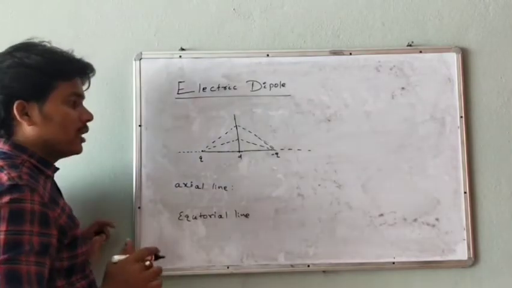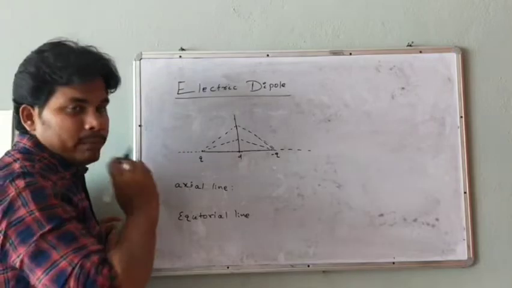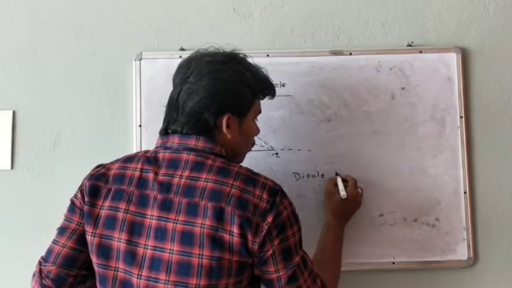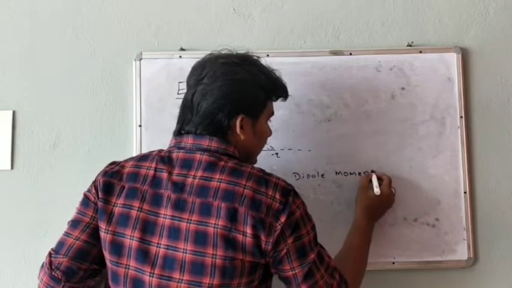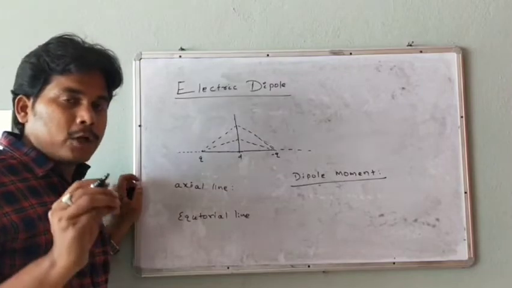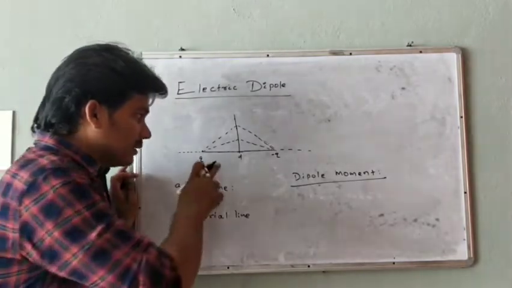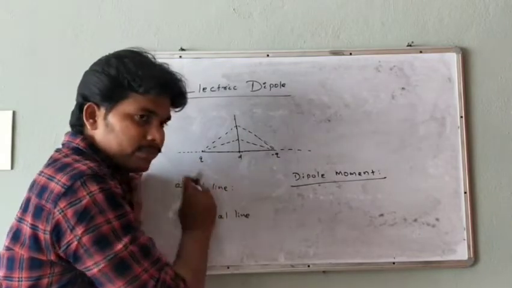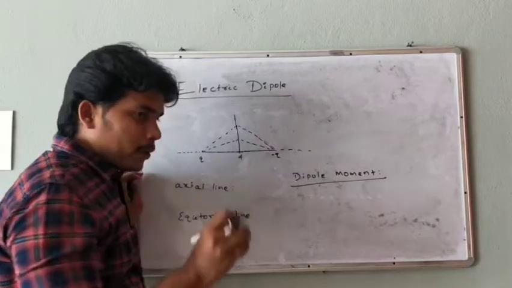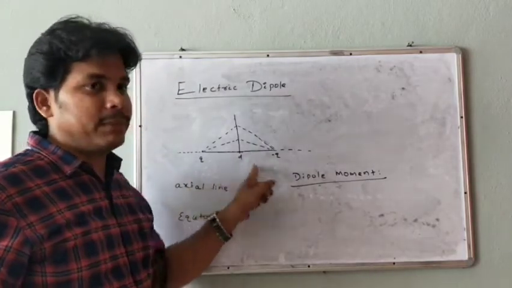Now we will understand the electric dipole moment. What is the electric dipole moment? The electric dipole moment is defined as the product of the charge and the distance of separation between them.